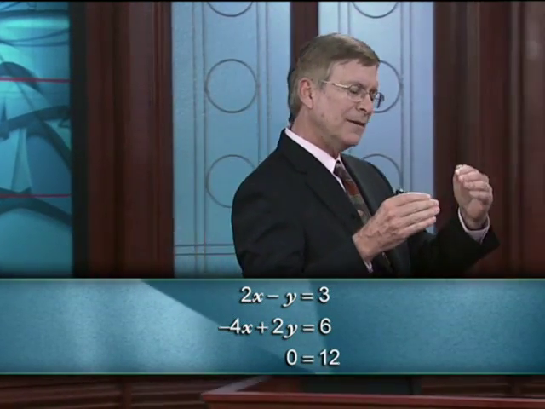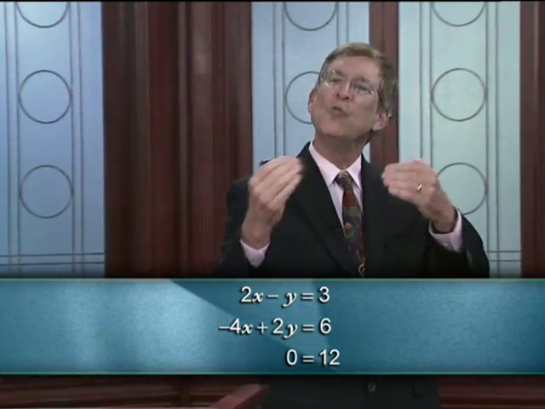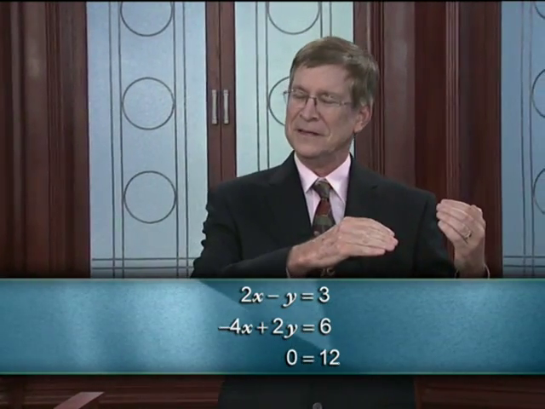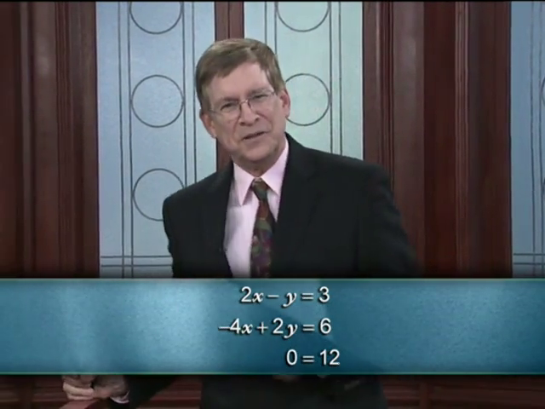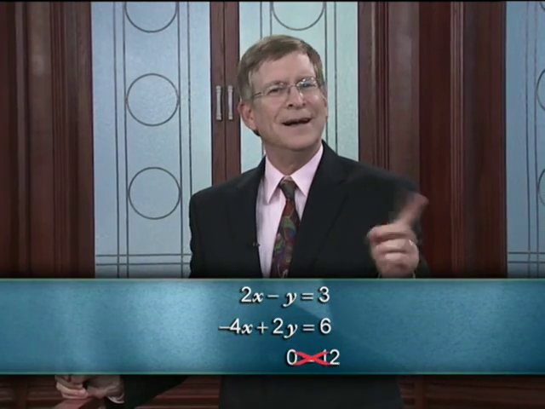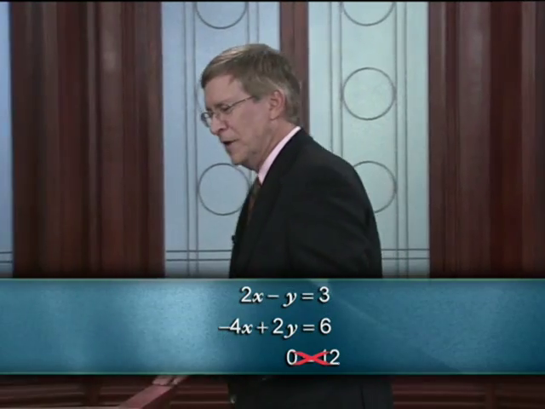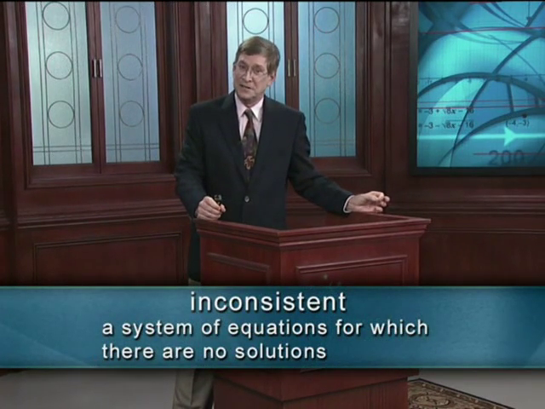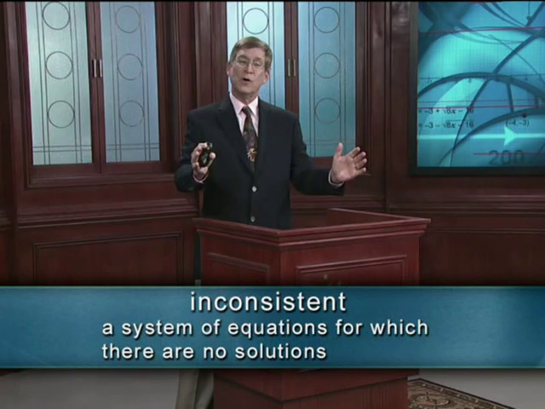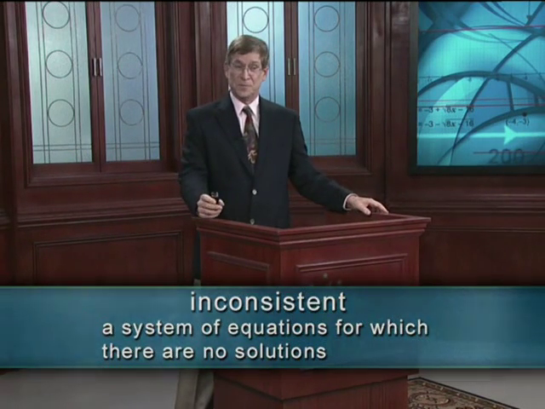And we've arrived at a new system equivalent to the old system. And look at that second equation. 0 equals 12. That's never true. 0 is not equal to 12. What's our conclusion? This system has no solution. And the big word for that is inconsistent. It's a system of equations for which there's no solution.